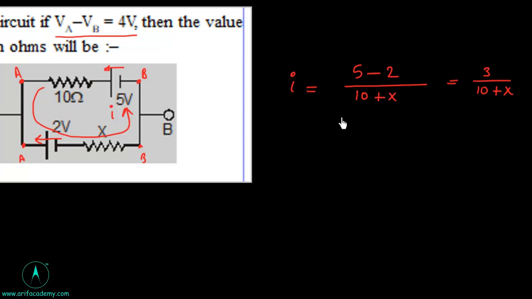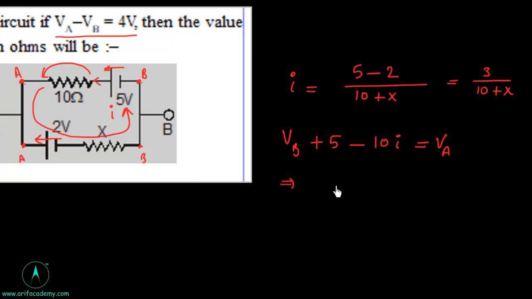And for potential, if I go from B to A, we can write VB plus 5 minus IR, because if I go along the current there is a drop. VB plus 5 minus 10I equal to VA.